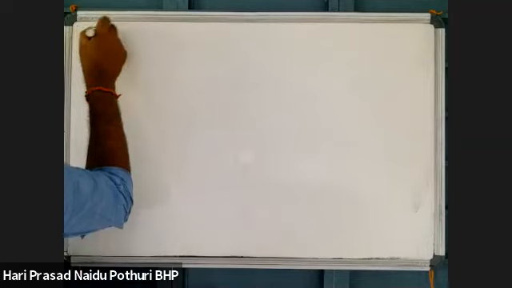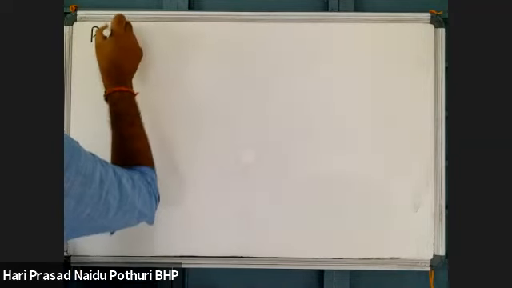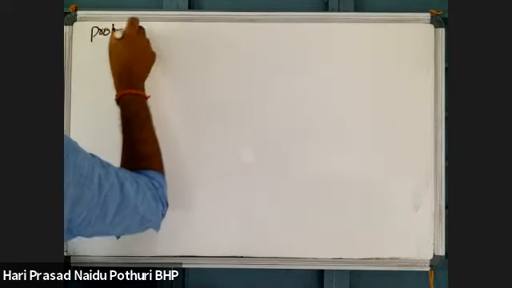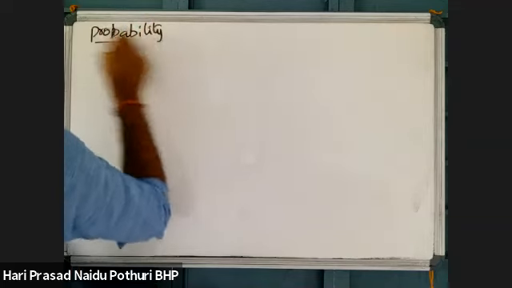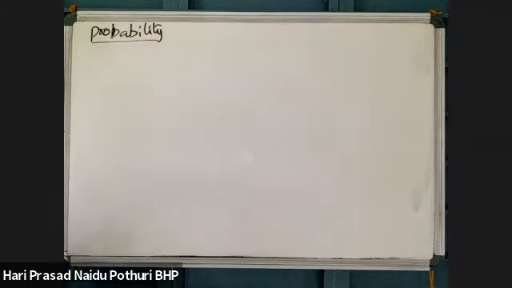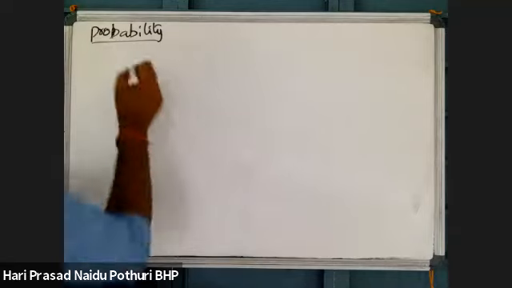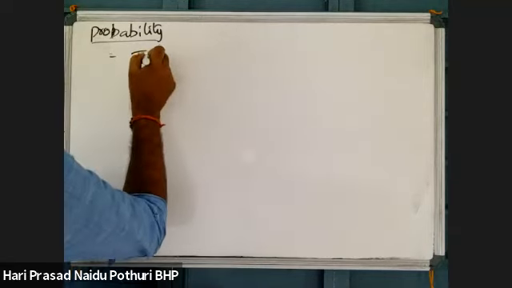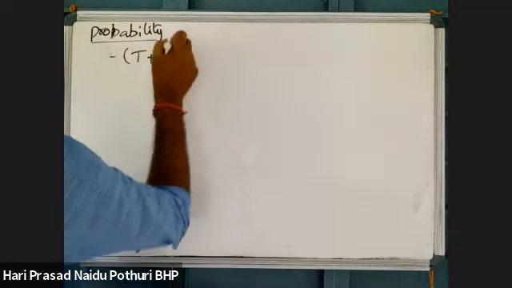Then if you see dihybrid cross probabilities, briefly we'll see probability. Already I told you these probability rules. Probabilities. What are genotypes? What are phenotypes? I told you for a monohybrid cross, capital T plus small t whole square.